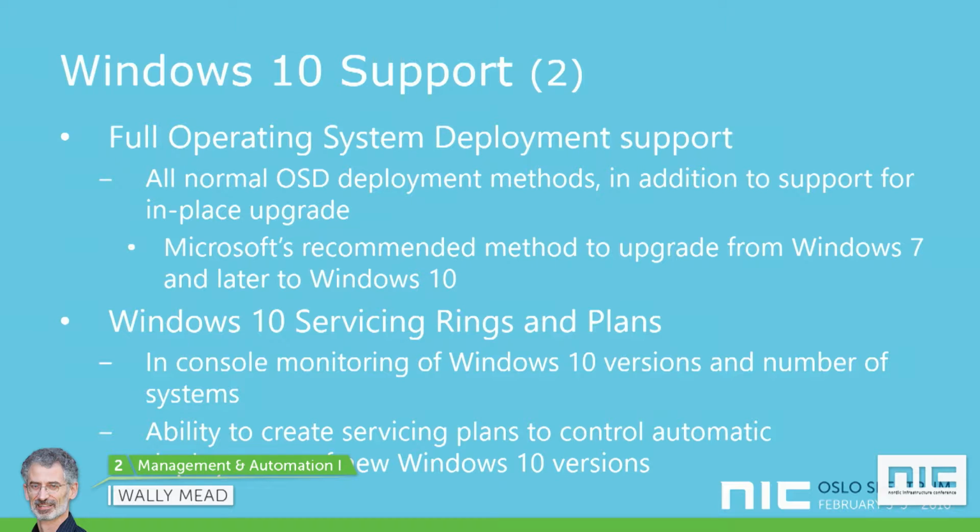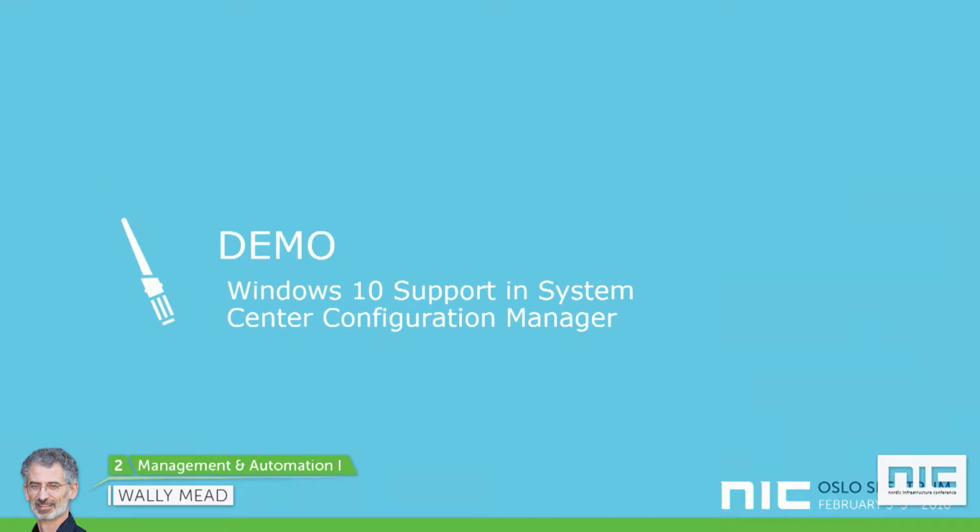You can have multiple different servicing plans targeted at different collections, so different collections of clients will get Windows 10 builds at different time intervals. And you have a great dashboard to help you monitor your status for Windows 10 in your environment, what versions you have, what builds you have, and what your deployment status is. Very cool, and that will help you a lot as you move to Windows 10, being able to monitor and control that through Configuration Manager.